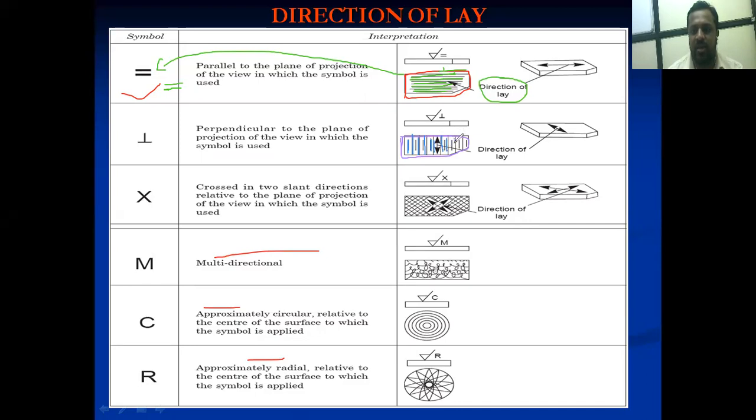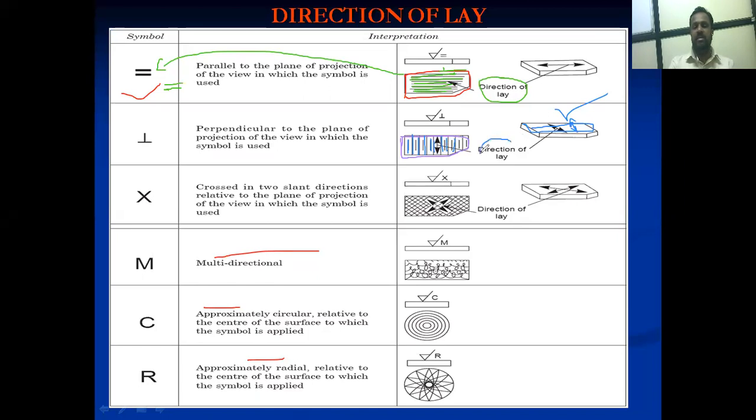Now you can easily understand here. These irregularities are perpendicular to the surface. Am I right? You can easily understand from this figure also. This is our component, this is the surface, and on that surface the irregularity will look like this. Here the irregularities on the surface are perpendicular.